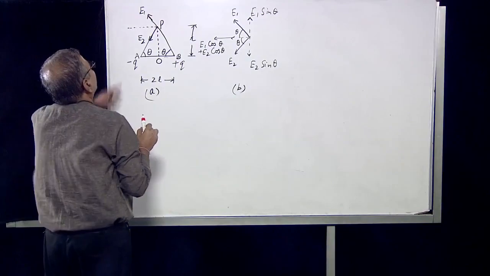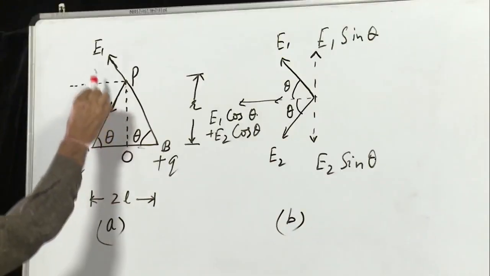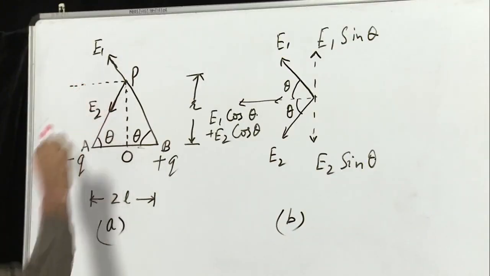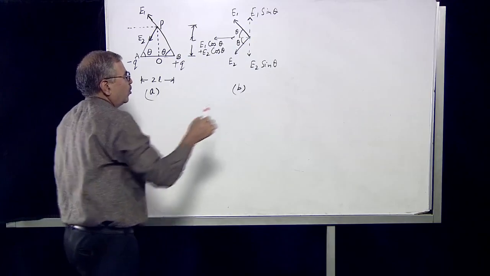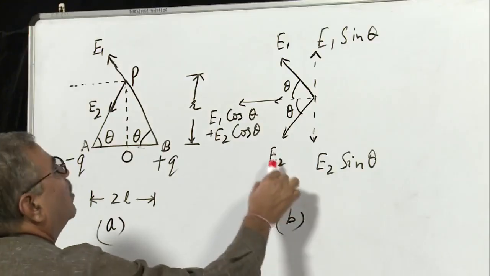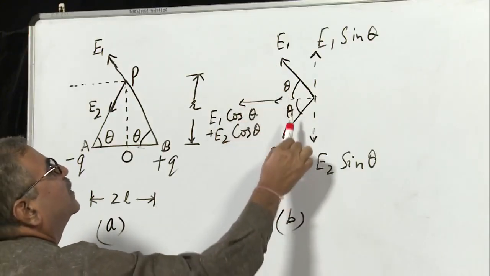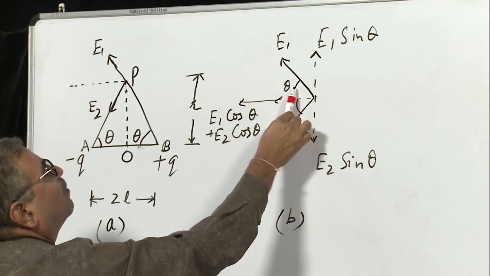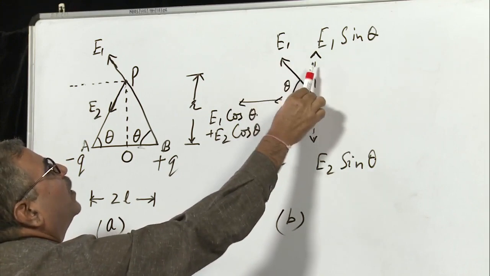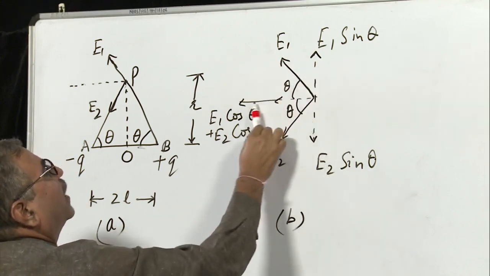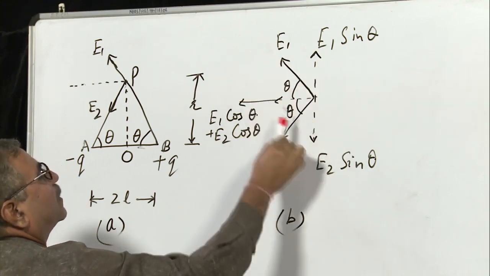Now, as E1 and E2, they will be equal in magnitude, but their directions are different. So, they are to be resolved into components. So, in the figure B, we have resolved E1 and E2 into components. This angle will be theta, this angle will also be theta. So, resolving E1 into components, it will be E1 sin theta and this will be E1 cos theta.